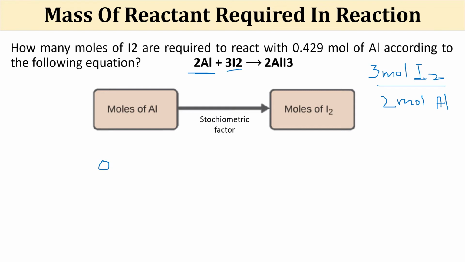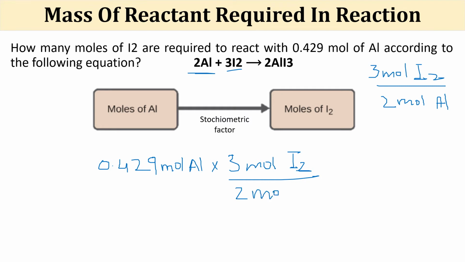The moles of aluminum given in the question is 0.429 moles of aluminum, and the stoichiometric factor is 3 moles of I2 over 2 moles of Al, which will give you the moles of iodine.